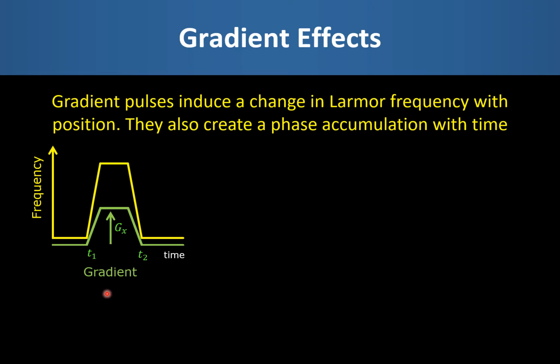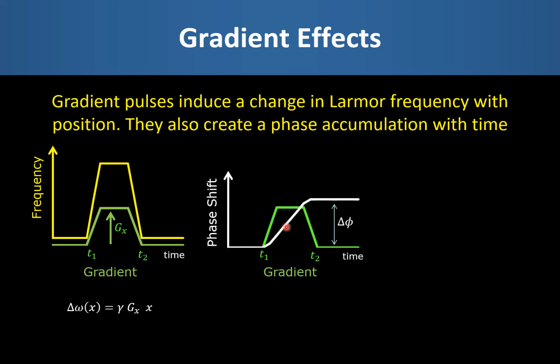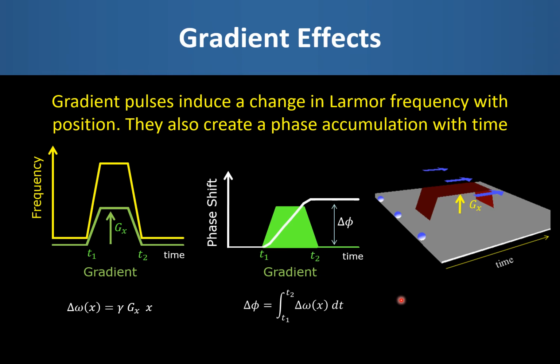A magnetic field gradient will not only cause a transient change in the Larmor frequency, but will also induce a phase shift in the transverse magnetization proportional to the strength and duration, that is to say the area of the gradient pulse. This diagram shows three spin vectors that will initially all be precessing in phase.